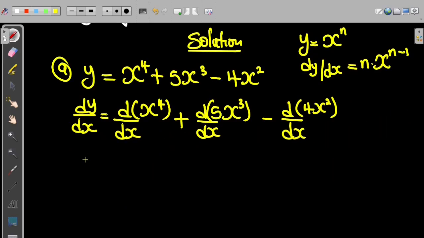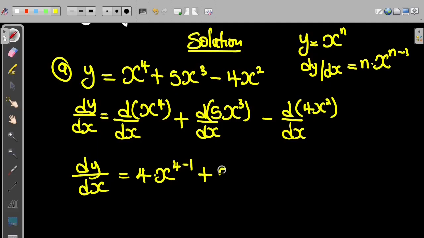So we can differentiate each of the terms. This becomes the derivative of x to the power of 4, giving us 4 multiplied by x to the power of 4 minus 1, plus, now since 5 is a constant, we bring out 5, and the derivative of x cubed gives us 3 multiplied by x to the power of 3 minus 1.